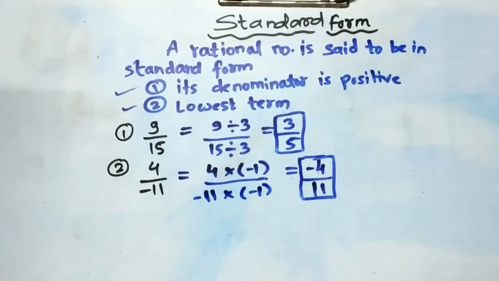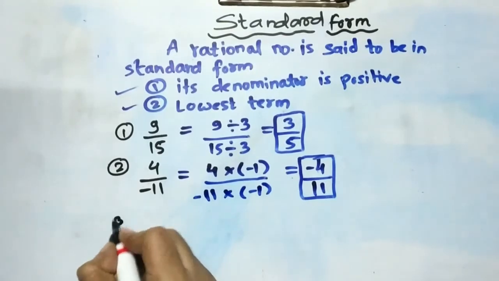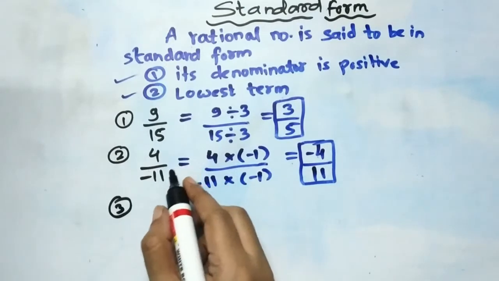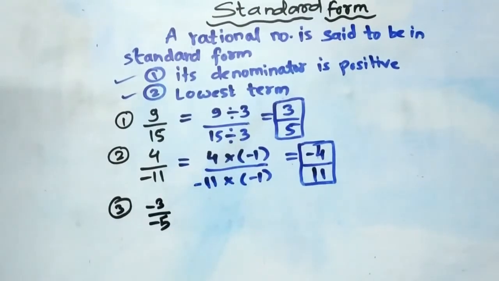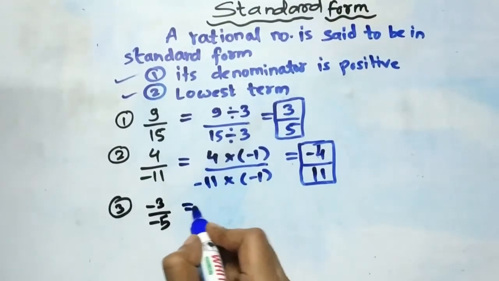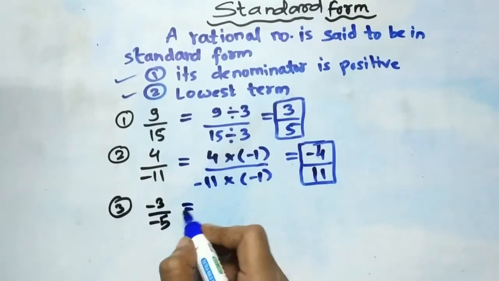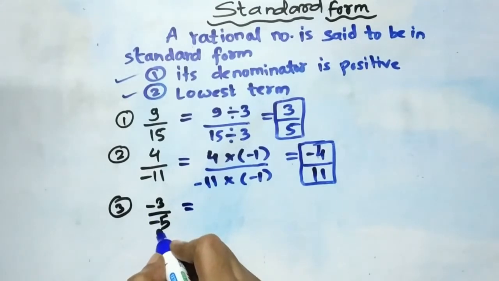Next, I can go for another one, that is the third one, friends. Minus 3 upon minus 5. Friends, here minus 3 upon minus 5, they both are in the reduced form. They are in the lowest term. But you can see here the denominator is not positive.